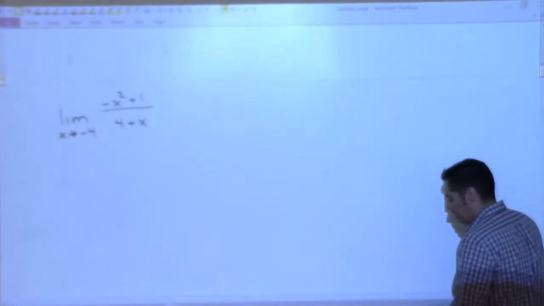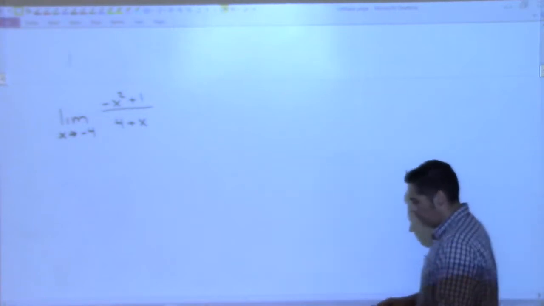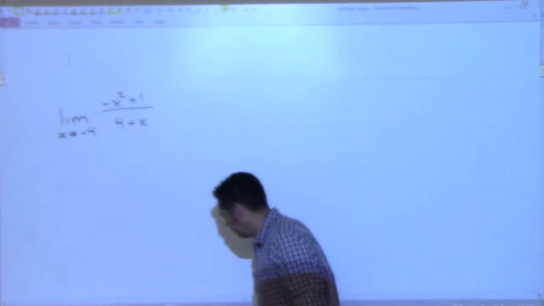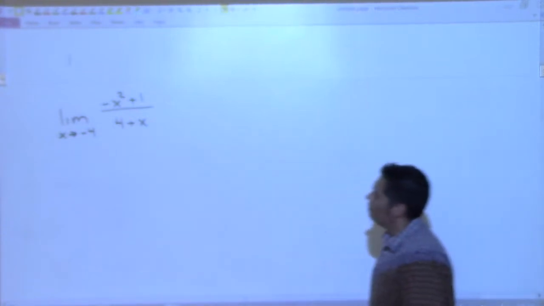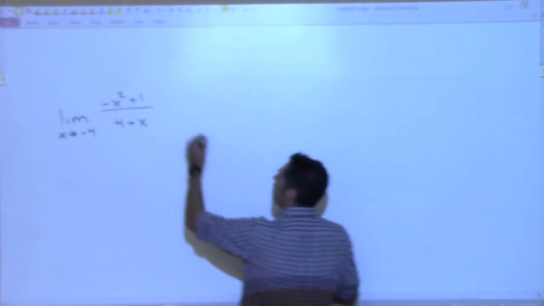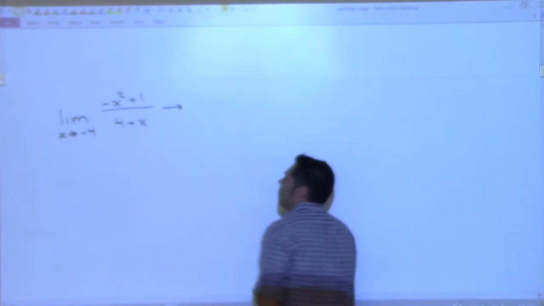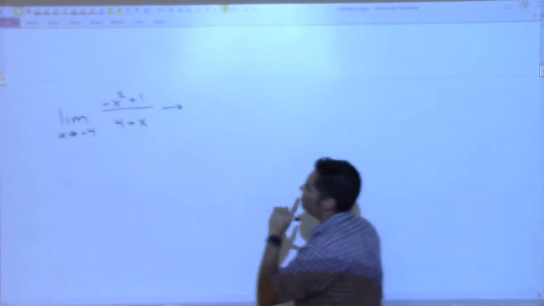Derek, how's it going, man? First thing we always do, Derek, plug in, right? Just be careful with that negative sign there. What do you get there when you plug -4 in? 17?